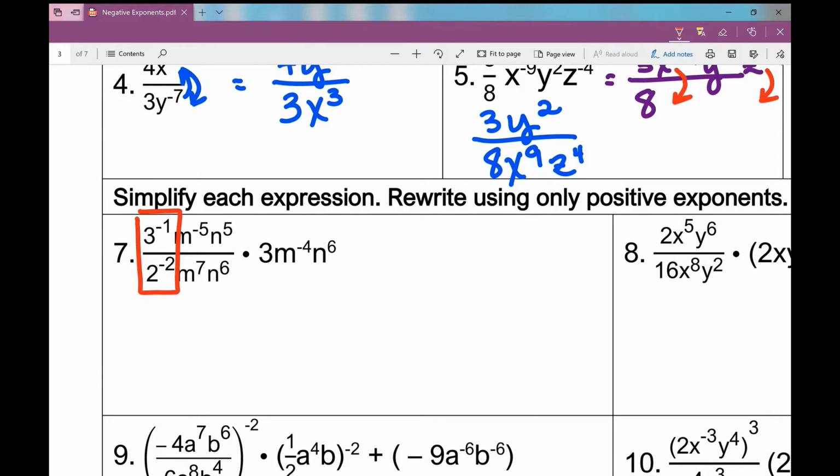That's going to be 1 over 3. So that 3, I move it to my denominator, and I simplify it. 2 to the negative second power, what happens with that? Well, 2 squared is 4, but it's down below here, and that exponent is negative, so I'm going to move it up top and make it positive.